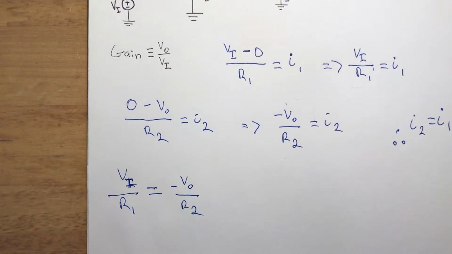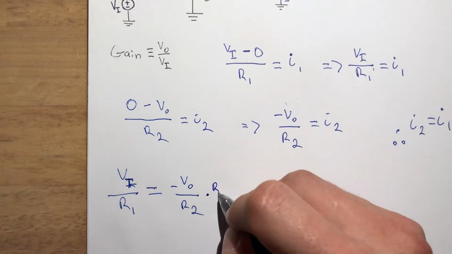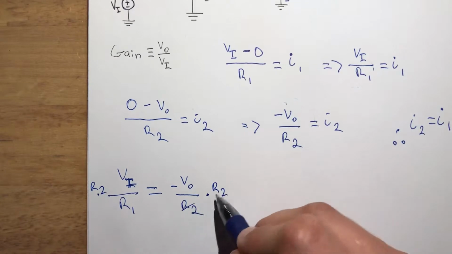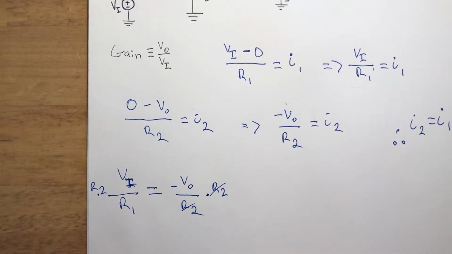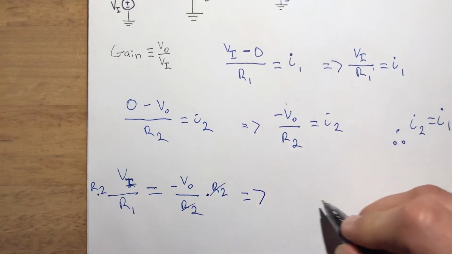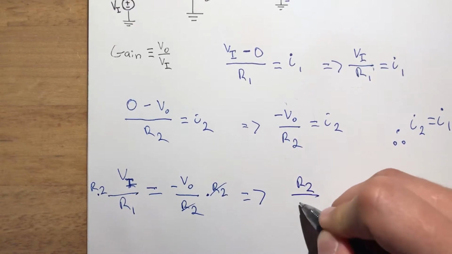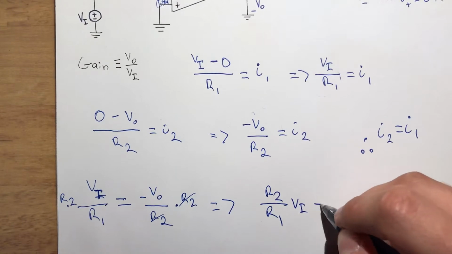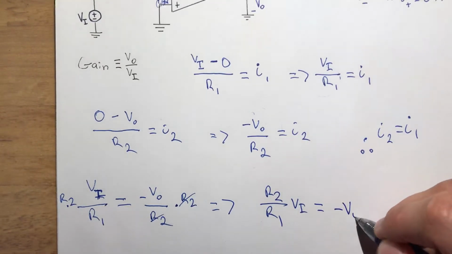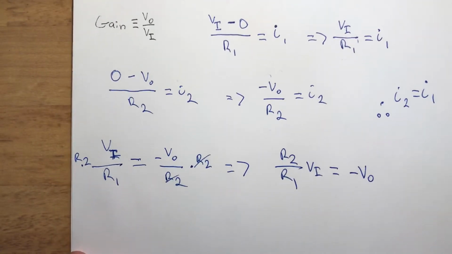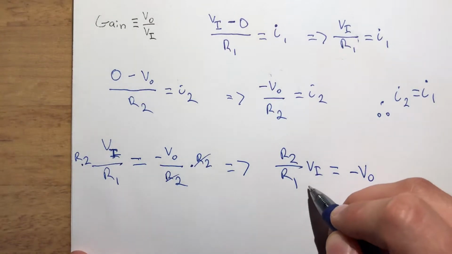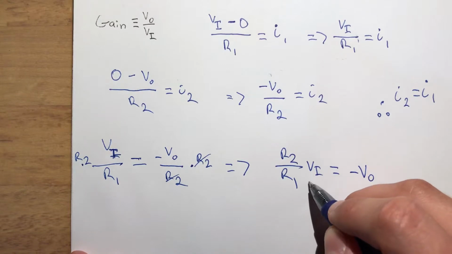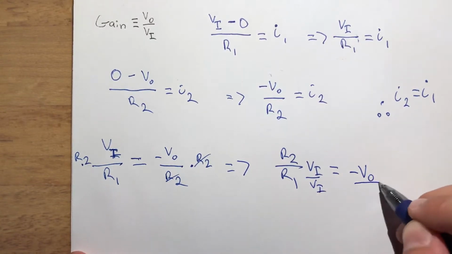And so what we could do is multiply by R2 on both sides, right? And so that gets us here. We have R2 over R1, and then we have a VI is equal to negative VO. And finally, well, not finally, but we can divide by VI on both sides.